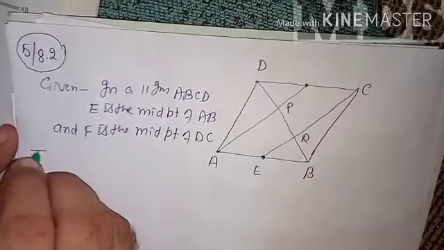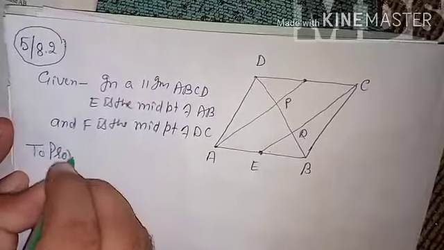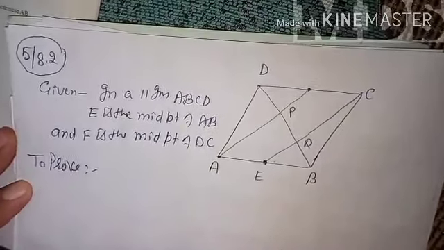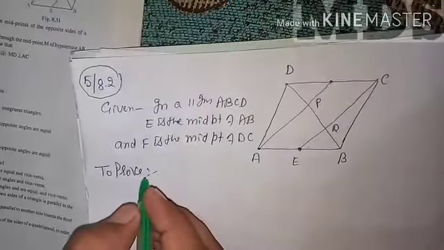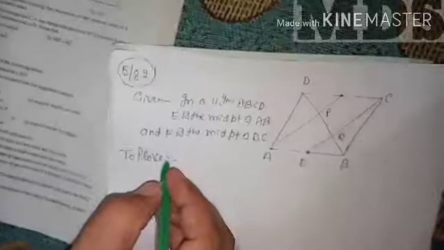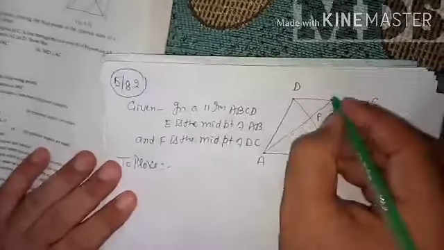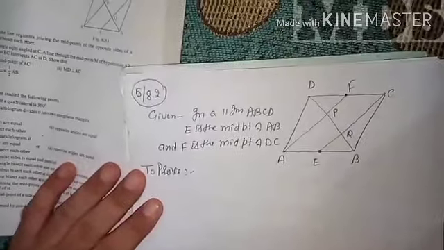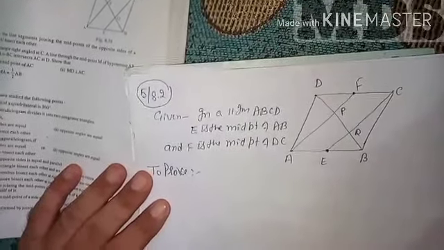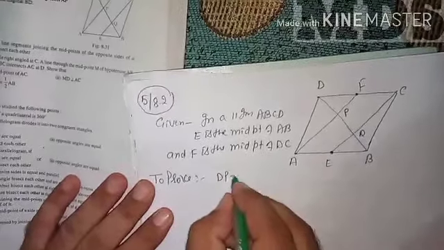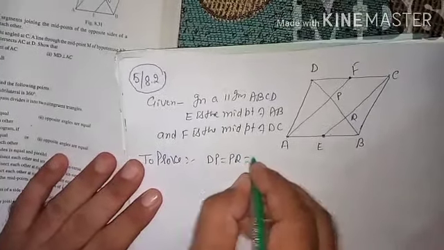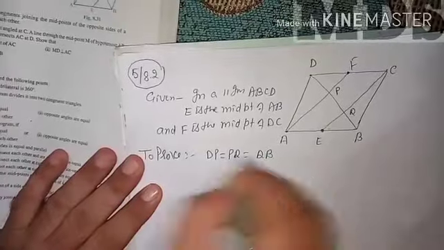To prove: the line segments AF and EC trisect the diagonal BD. It means divide it into 3 equal parts. You have to prove DP equal to PQ is equal to QB.